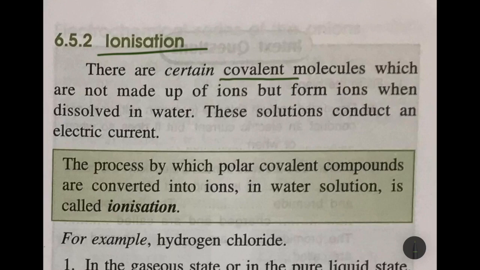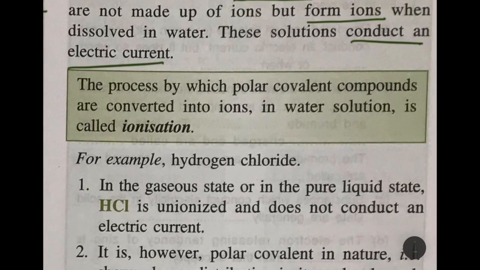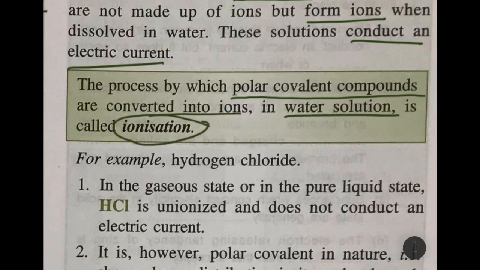But when they are dissolved in water, they form ions. Of course, when in solution form, if they have ions, then they will conduct an electric current. So the process by which polar covalent compounds are converted into ions in water solution is known as ionization.